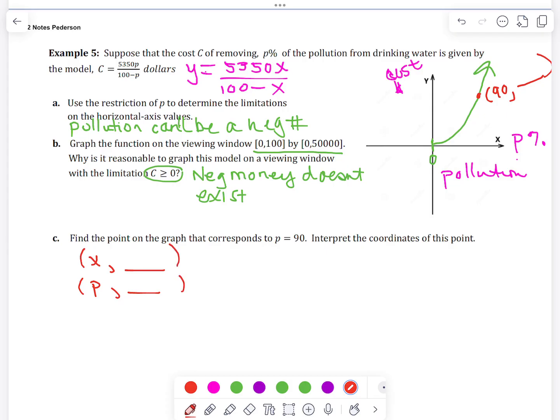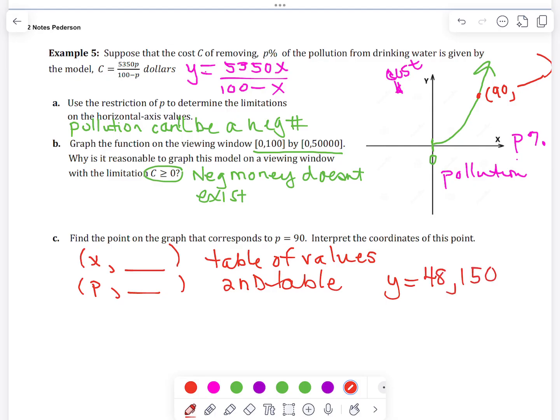So you can use your graphing calculator, and there's a table of values with the graphing calculator. So you go to second table, and you can find 90 in that list. And you would see then that y will equal 48,150.